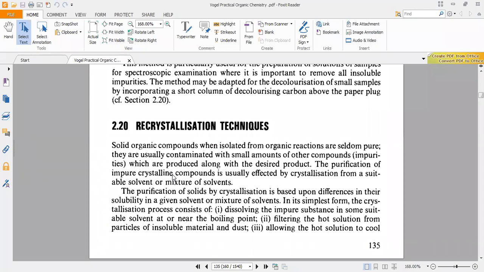Just for an example, amino acids are soluble in water. If we take amino acids at high temperature in boiling water, they dissolve very easily. When we decrease the temperature, their solubility definitely decreases. But how can we decrease the solubility further in water? We add methanol to this.